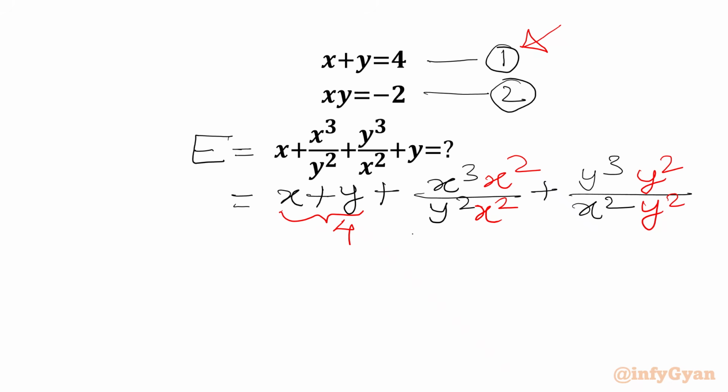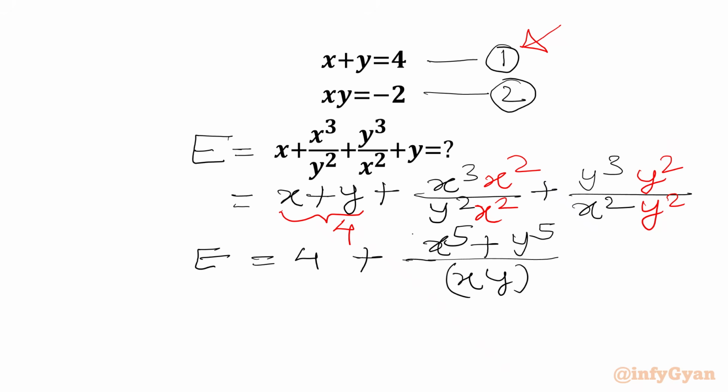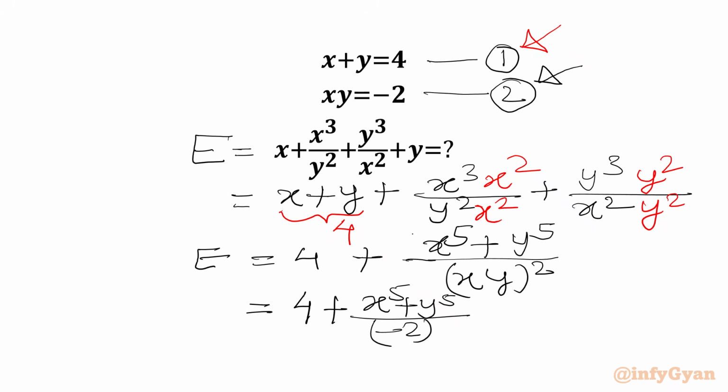Now we'll be writing E equal to 4 plus in numerator x cube times x square, x power 5, y cube times y square, y power 5, over x square y square, which we will be writing xy whole square, because we have equation 2 also. So in place of xy we will be writing minus 2. So 4 plus x power 5 plus y power 5 over minus 2 whole square.